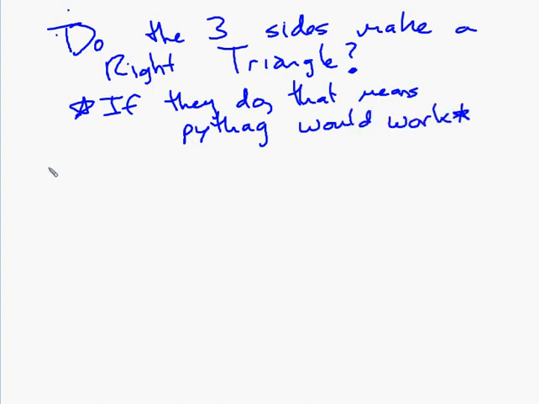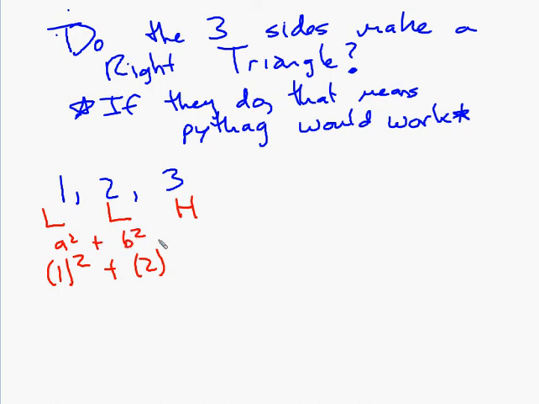All right, so let's say I give you the sides 1, 2, and 3. Now, if this is a right triangle, the 1 and the 2 are legs, and the 3 would have to be the hypotenuse, because the hypotenuse would be the longest side. So it would be 1 squared plus 2 squared, because I'm using Pythagoras' theorem to see if it works.